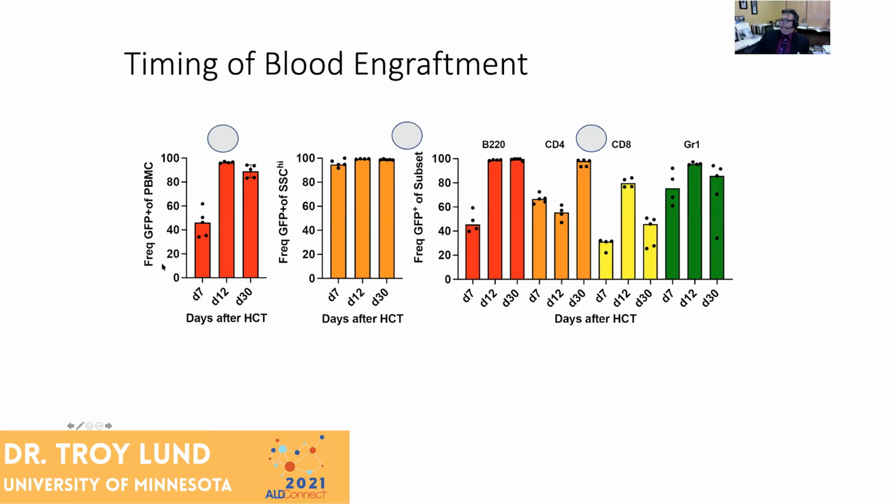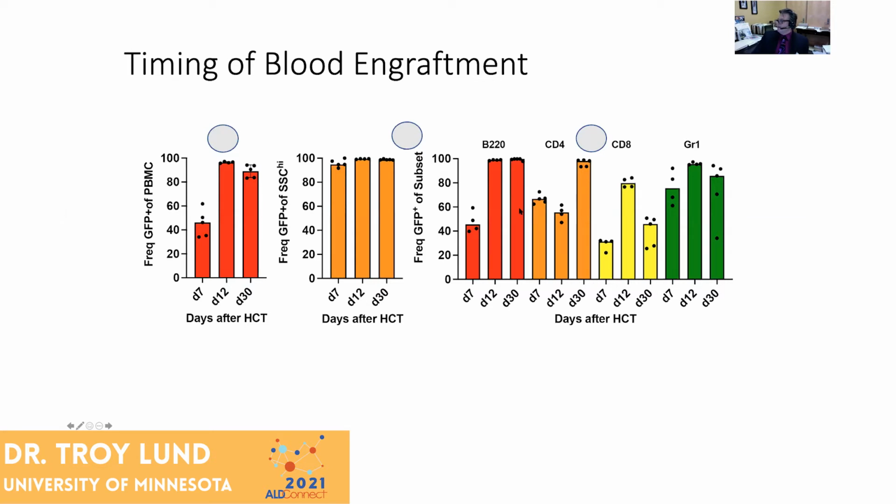So let's just look at the blood and how that engrafts after transplant. On the bottom, it's day 7, day 12, day 30. From the farthest right of each of these, you can see by day 30, the blood is fully engrafted. And by day 7, it's about half engrafted. Day 7 is very early after transplant, so there's still a mixture of dying host cells and engrafting new cells. The middle graph shows granulocyte engraftment, which is very rapid and can actually occur in 7 days.